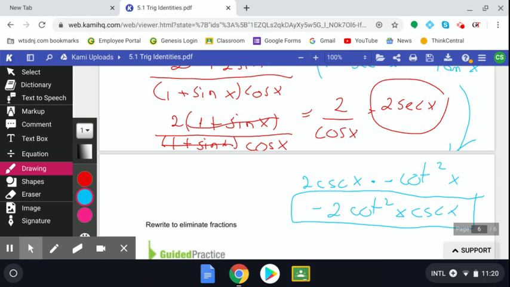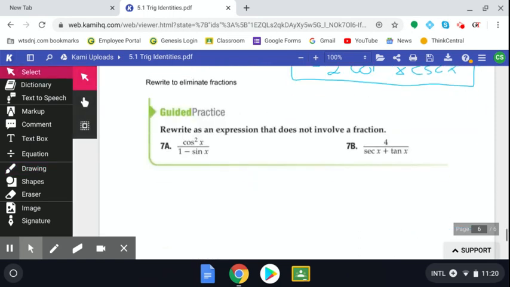Now, you might also be asked to eliminate a fraction. It says rewrite as an expression that does not involve a fraction. So what you need to do here is make sure that your denominator is 1. So what I would do is rewrite this.